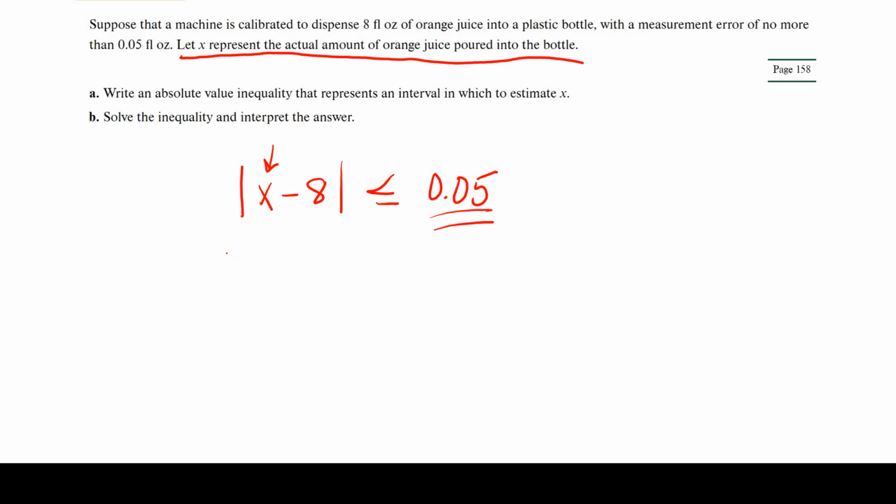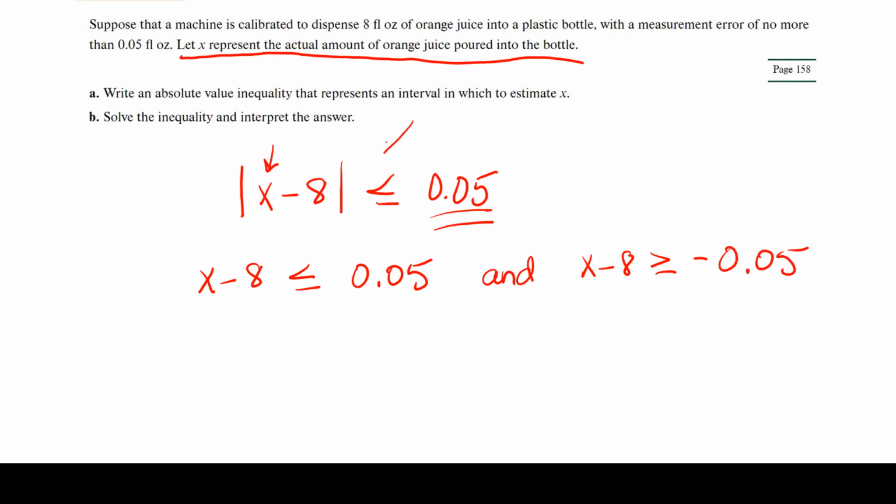And in order for that to happen, X minus 8 has to be less than or equal to 0.05, and X minus 8 has to be greater than or equal to negative 0.05, because that's how it works with a less than absolute value problem, because you want it to be less than the positive number, but you don't want it to go too far to the left because you want it to stay close around 0.